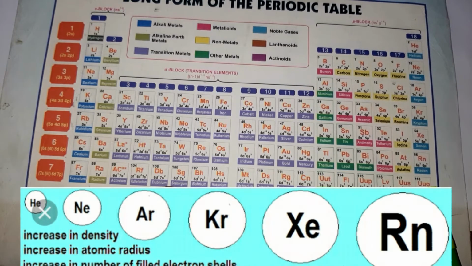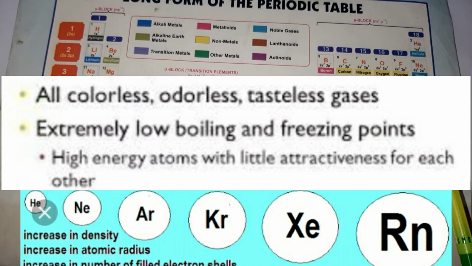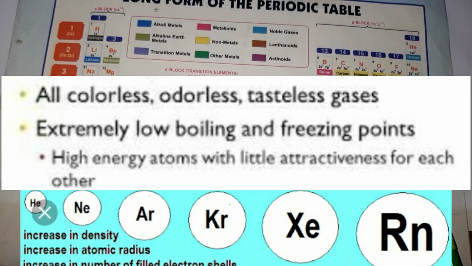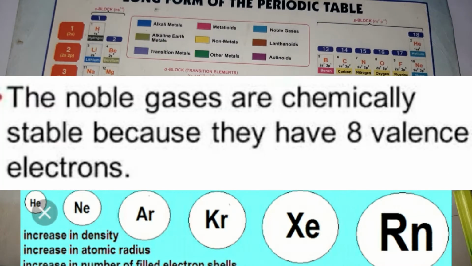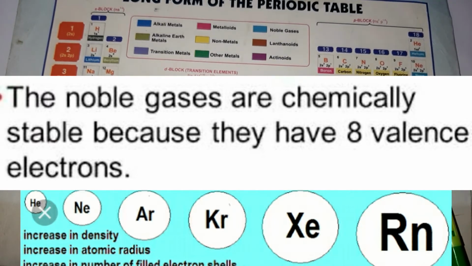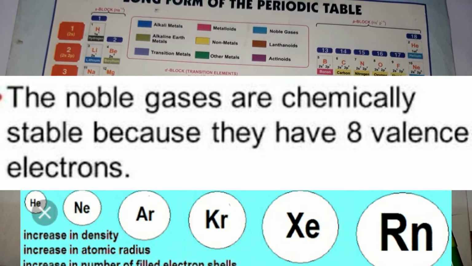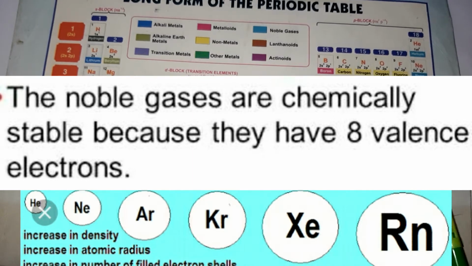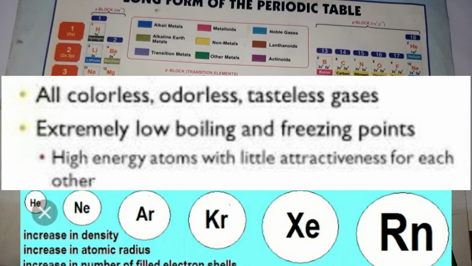These elements are colorless, odorless, tasteless gases, and they have extremely low boiling points and low freezing points. Chemically they are stable because they have 8 valence electrons in their outermost shell, or else they attain octet electronic configuration, and that's the reason they do not react with other metals, or else they show very little attraction to other metals.